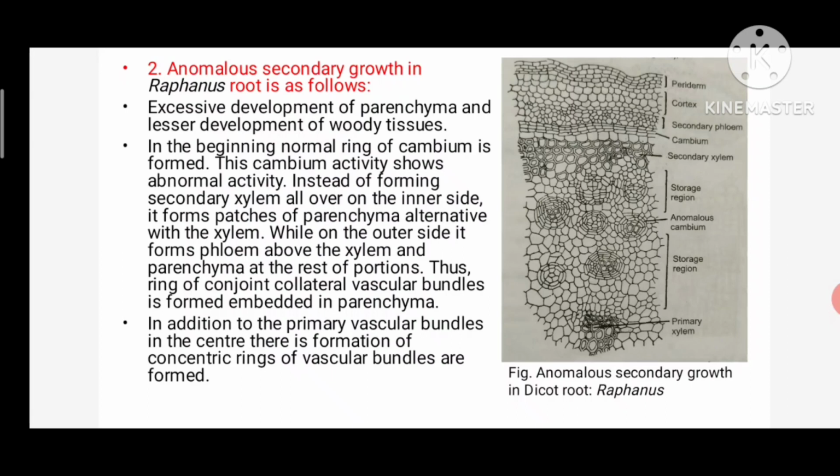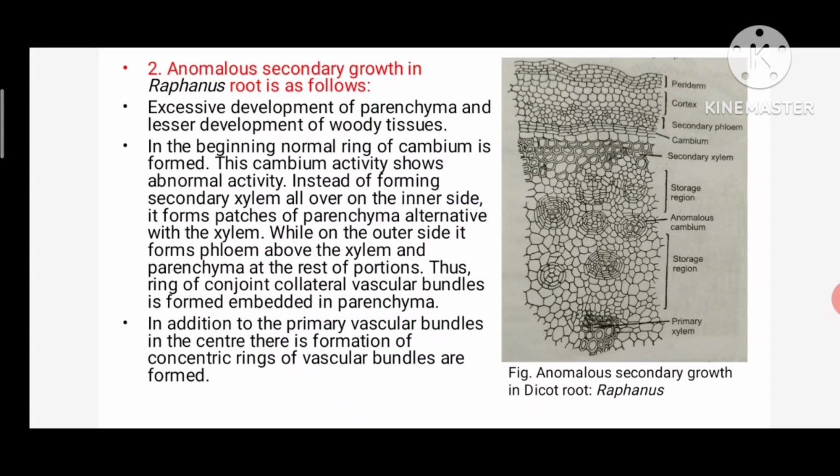This cambium shows abnormal activity. Instead of forming secondary xylem all over on the inner side, it forms patches of parenchyma alternating with the xylem. On the outer side, it forms phloem above the xylem and parenchyma at the rest of the portions.